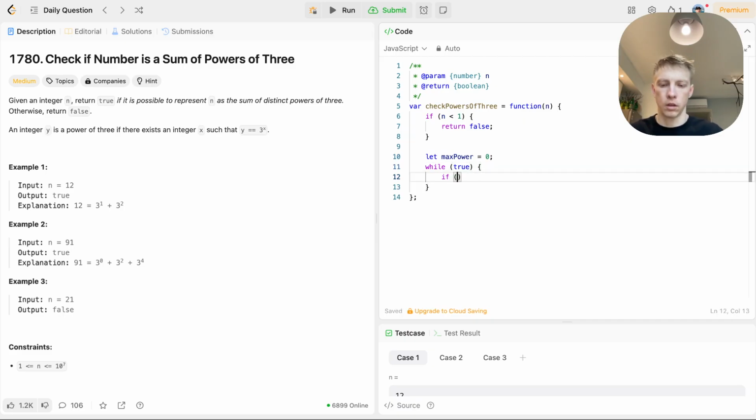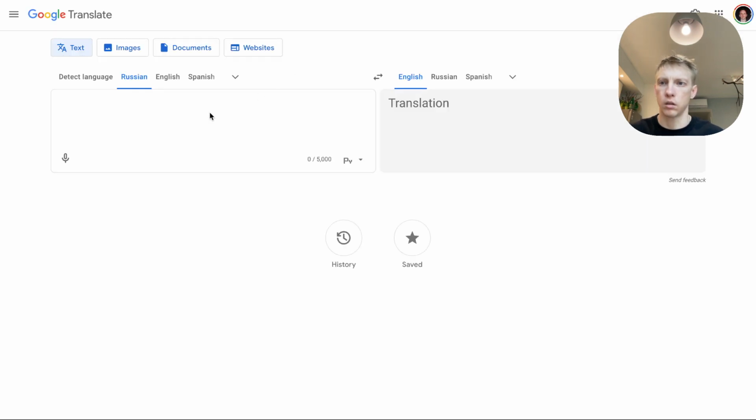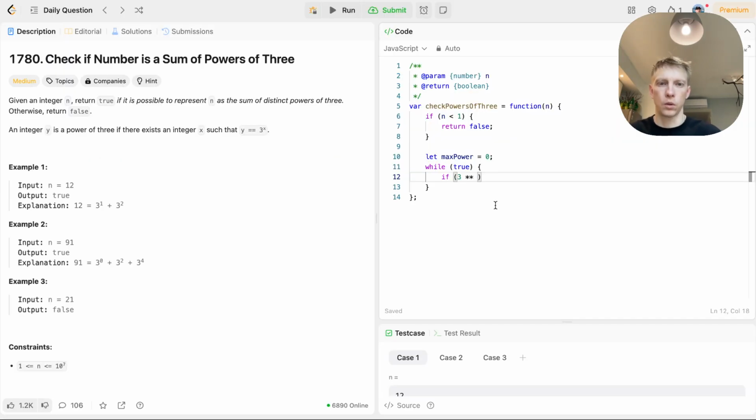If 3 to the power of max power plus 1 is bigger than n, then break.